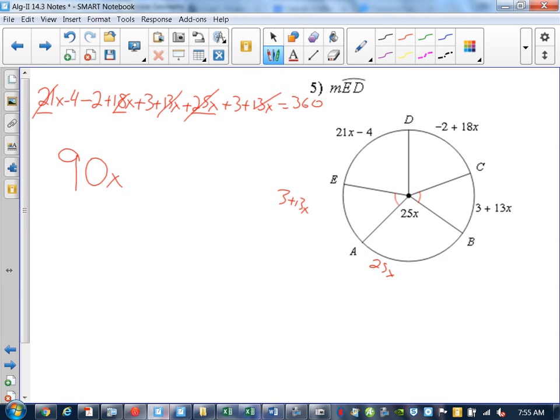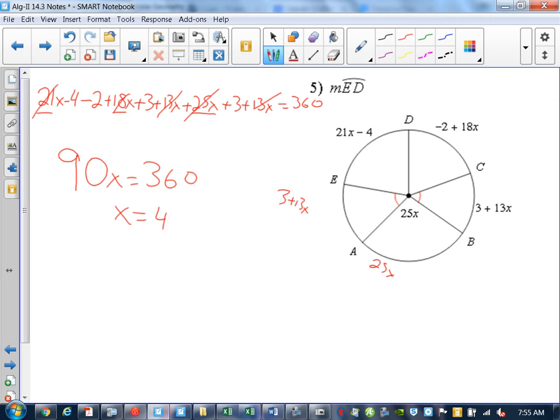All my x's are taken care of. 3 plus 3 is 6. Minus 4 minus 2 is 0. And substitute it in. As long as you keep it straight and you don't double count something, you're going to be fine.